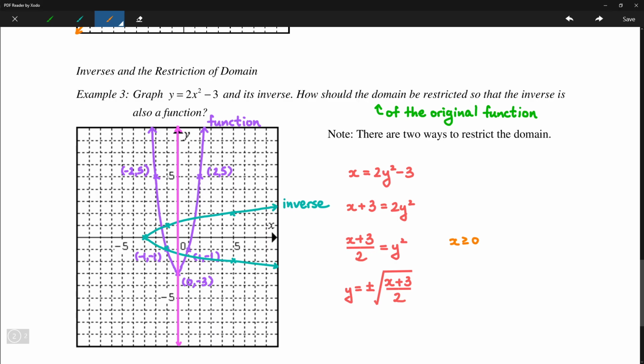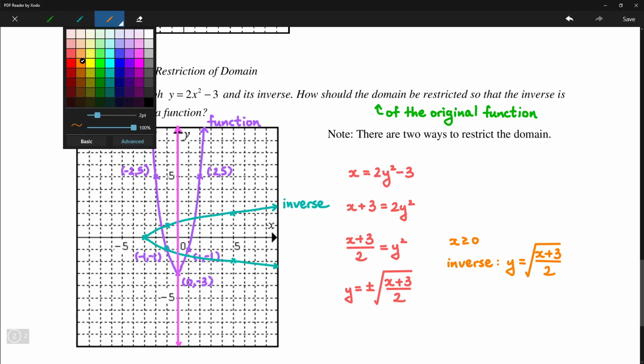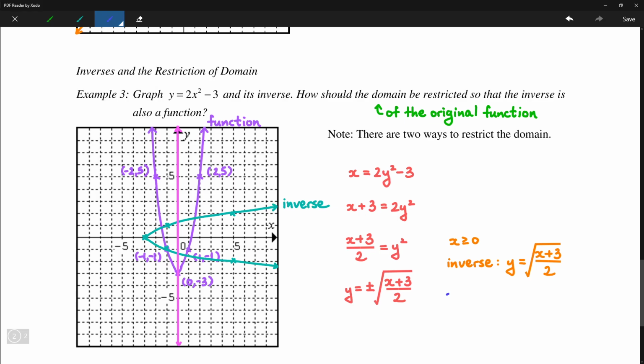So the inverse would just be the positive square root. All right, so likewise, if we are to restrict the domain with x less than or equal to 0, then the inverse will correspond to the bottom half, and that will be the negative square root.